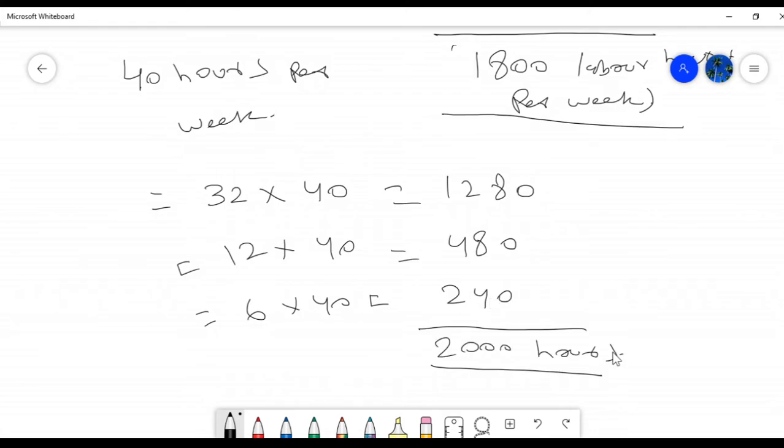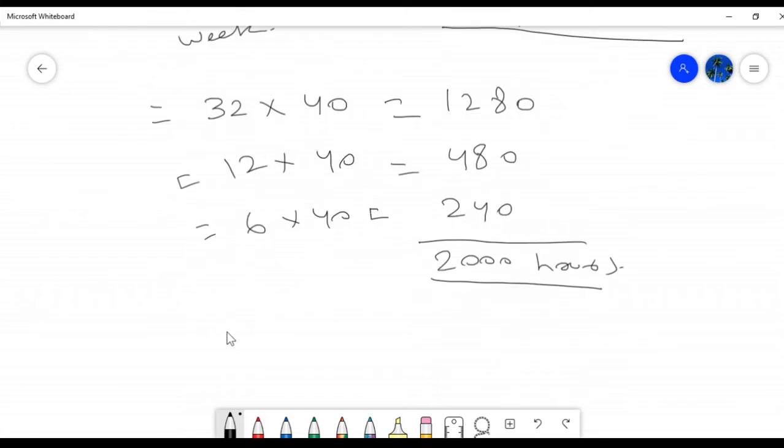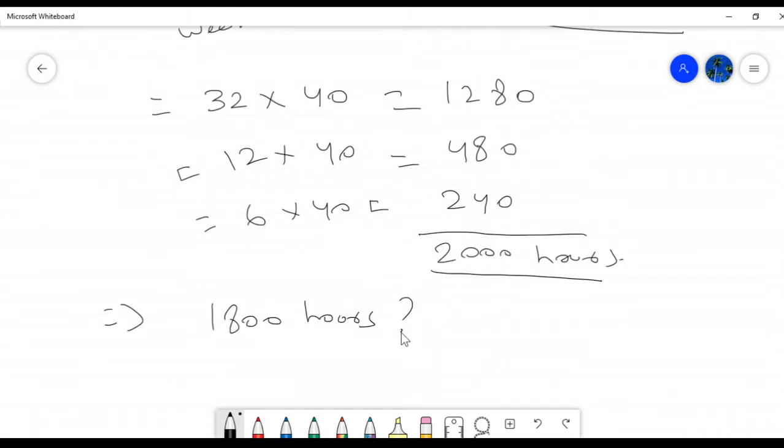So the standard information given in the question is for 2000 hours. How to identify it for 1800 hours?